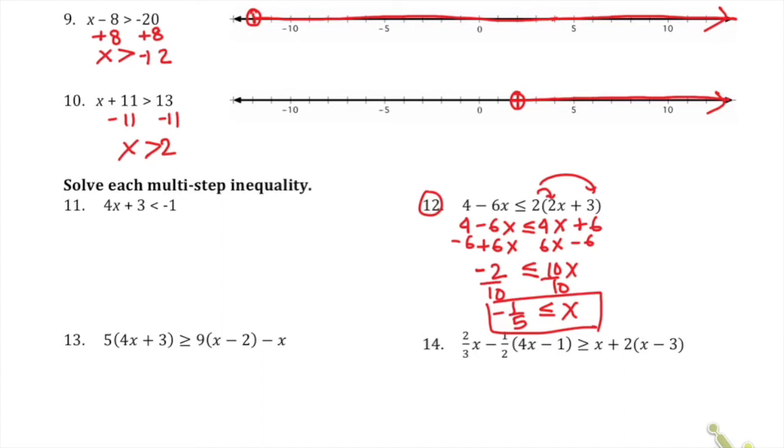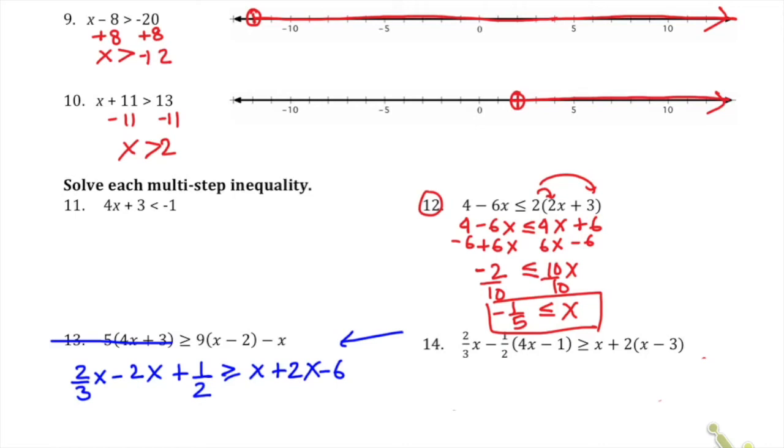If I have to do this 2/3 one, I will do it in that spot. 2/3 x minus, when you simplify, what do you get? -2x plus half. I just distributed it, greater than or equal to x plus 2x minus 6.